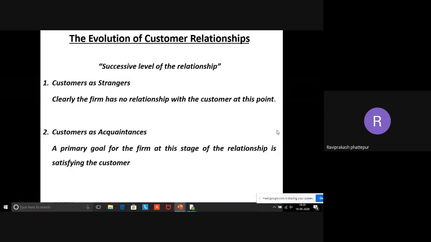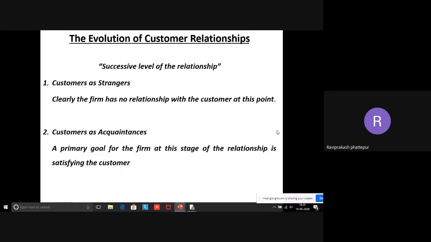That particular person in the acquaintance stage will remain with you until he thinks he is satisfied and getting a fair amount in return. The customer is paying something to the company, and until he feels what he pays is fair enough for the service he is availing, he will be with you. Once he thinks, I am paying more or the service provided to me is lesser than the amount I am paying, the customer will move away to some other competitor.